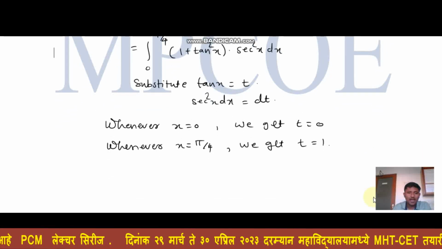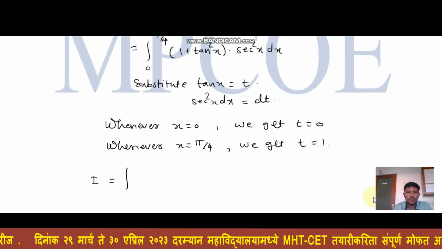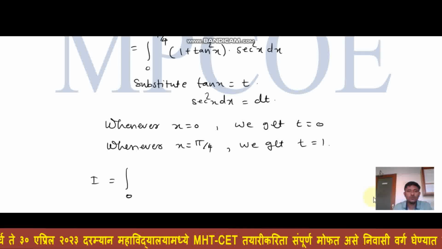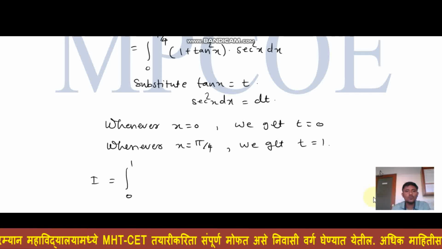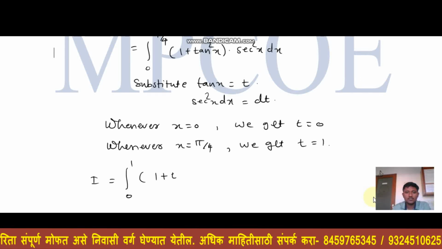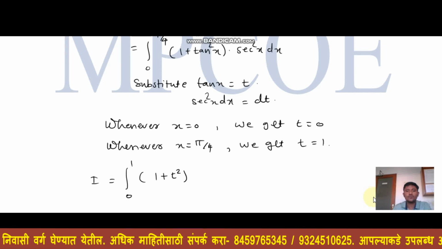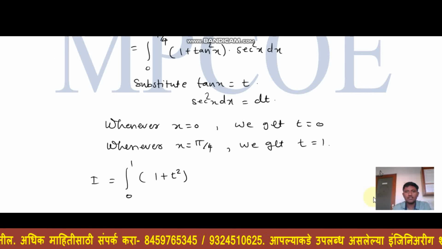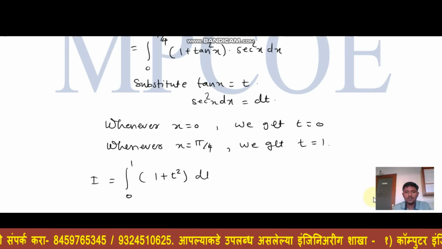So your integral I, which we mentioned earlier, becomes the integral from 0 to 1 of 1 plus t square, because in place of tan x we are using t, and in place of sec square x dx we are using dt.